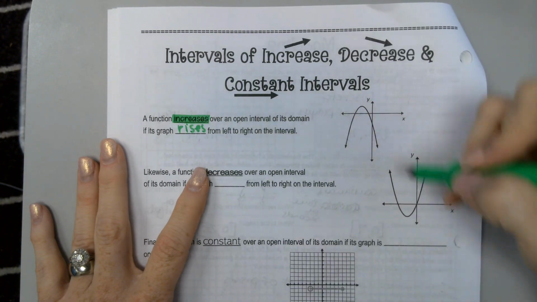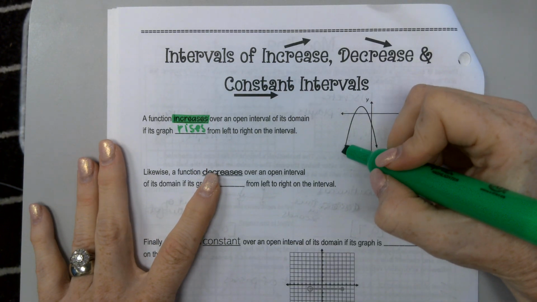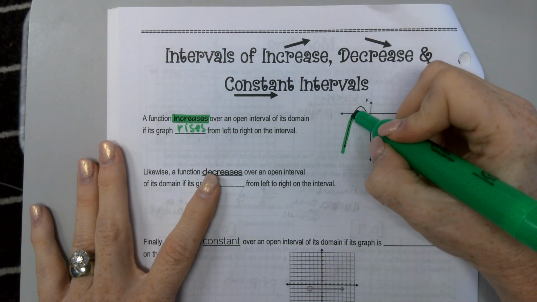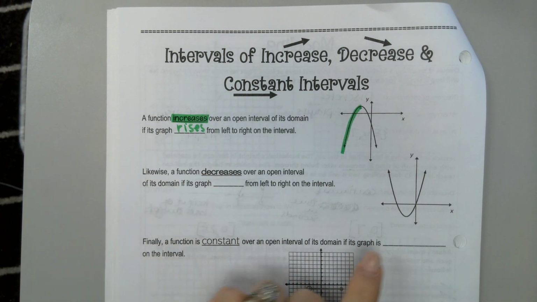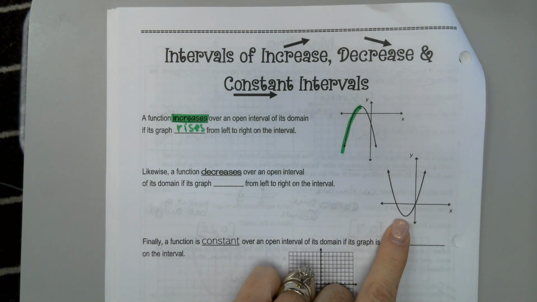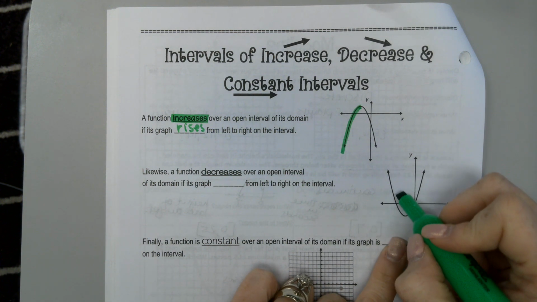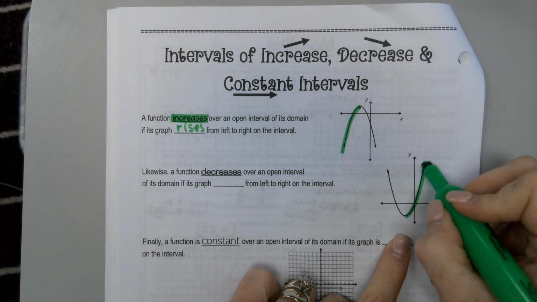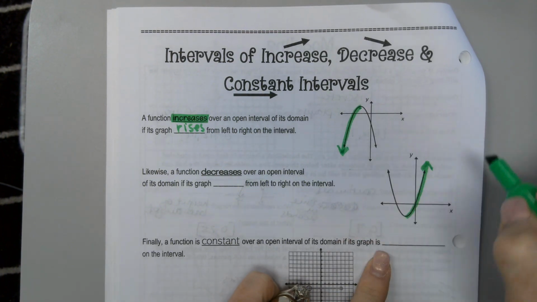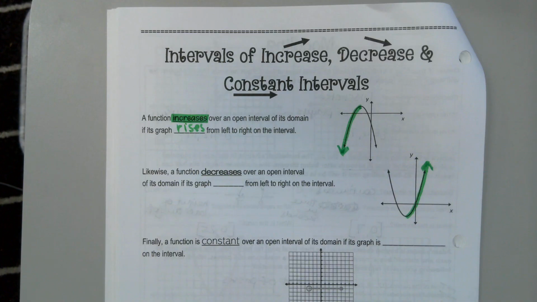So I've got 2 parabolas here. From the left, it's going up until I get right here. On this graph it is falling, but then it turns and it starts going up. And those arrows indicate that for the rest of the graph it's going to keep going up.